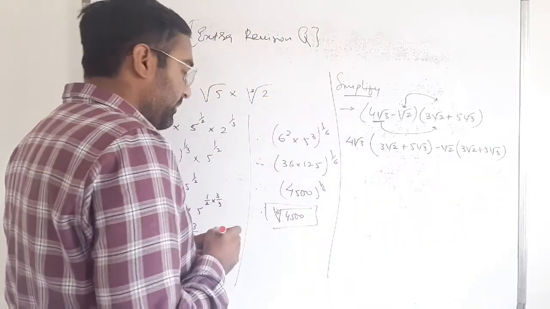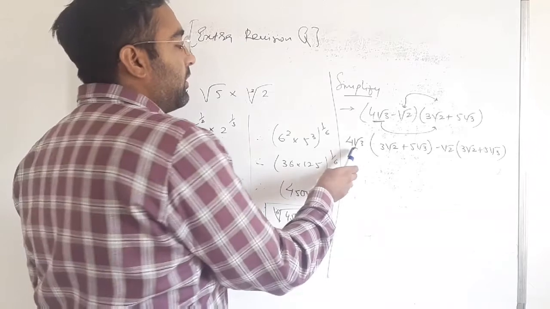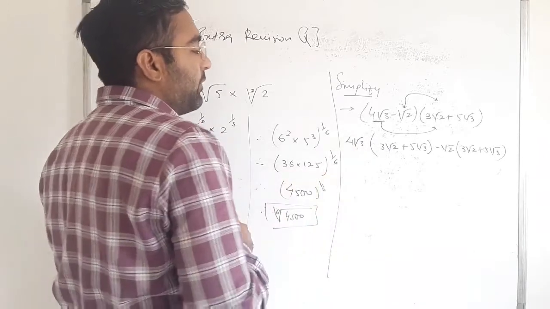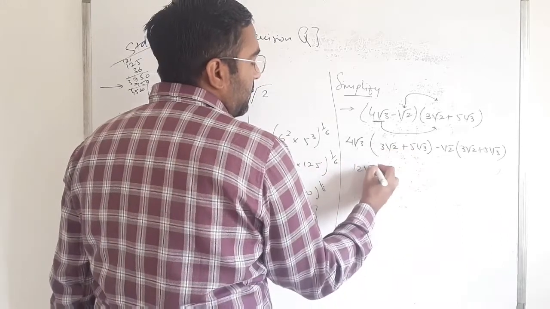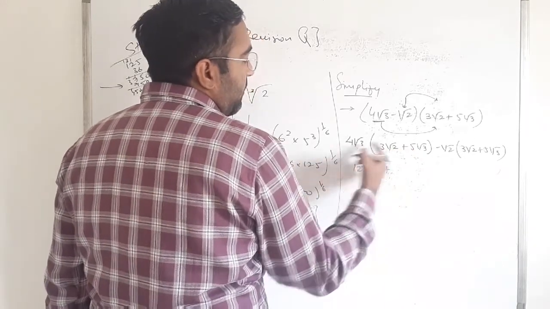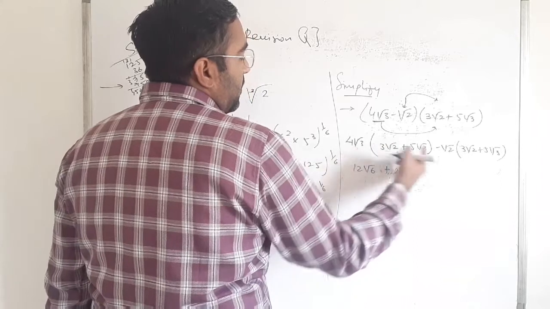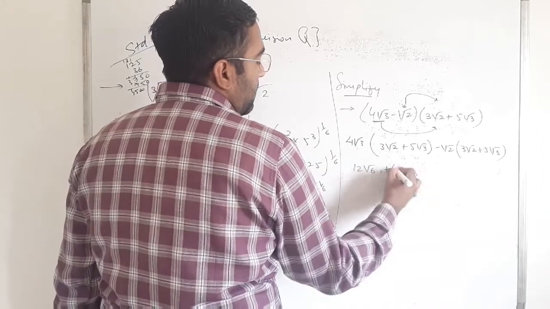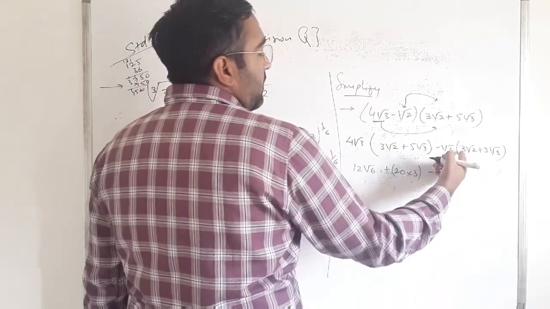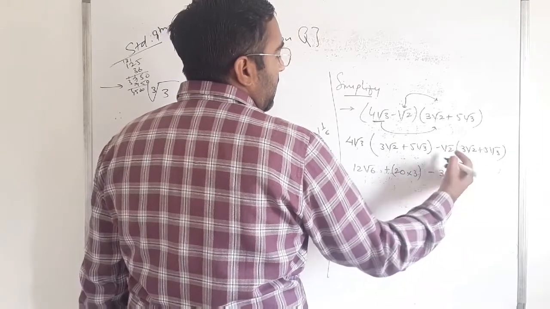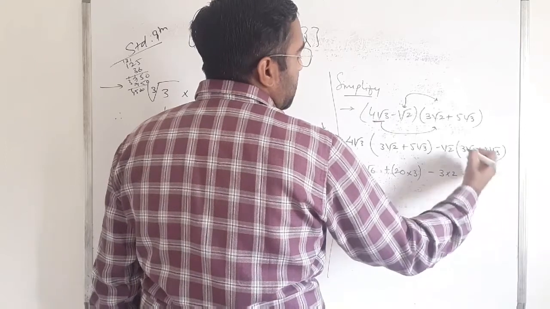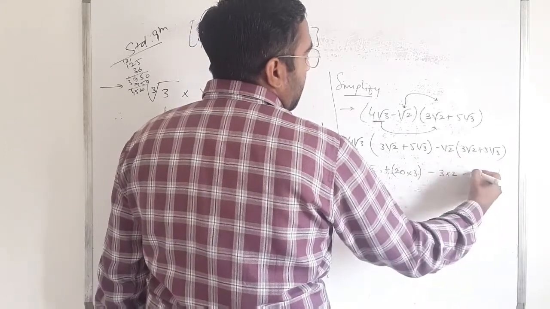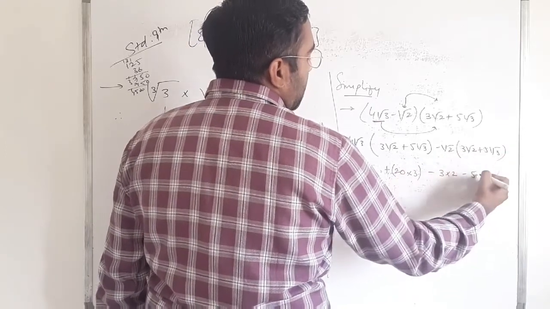So 4 root 3 into 3 root 2: 4 threes are 12, root 3 into root 2 is root 6, plus 4 fives are 20, root 3 into root 3 is 3. Then minus root 2 into 3 root 2 is minus 3 into 2, and minus root 2 into 5 root 3 is minus 5 root 6.